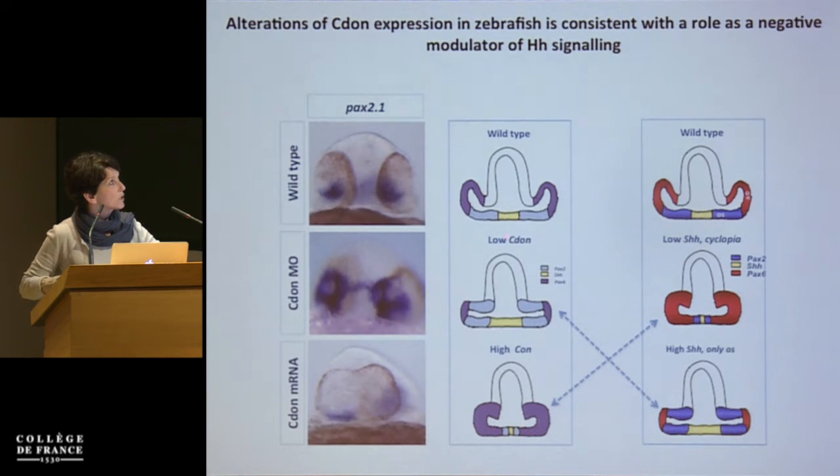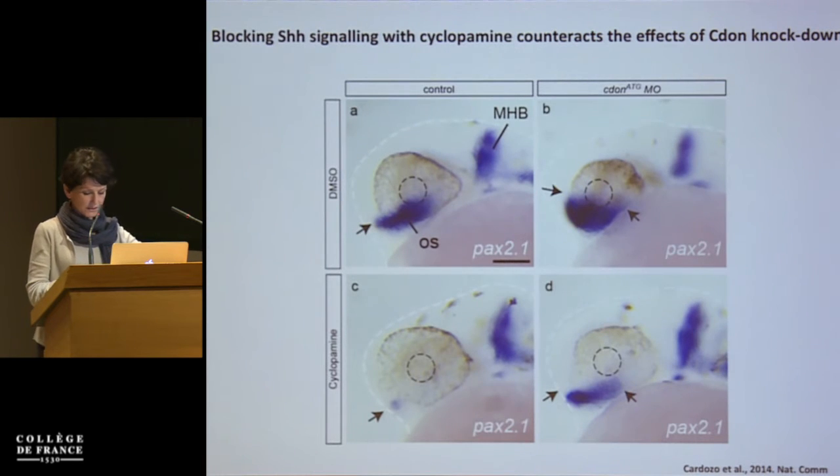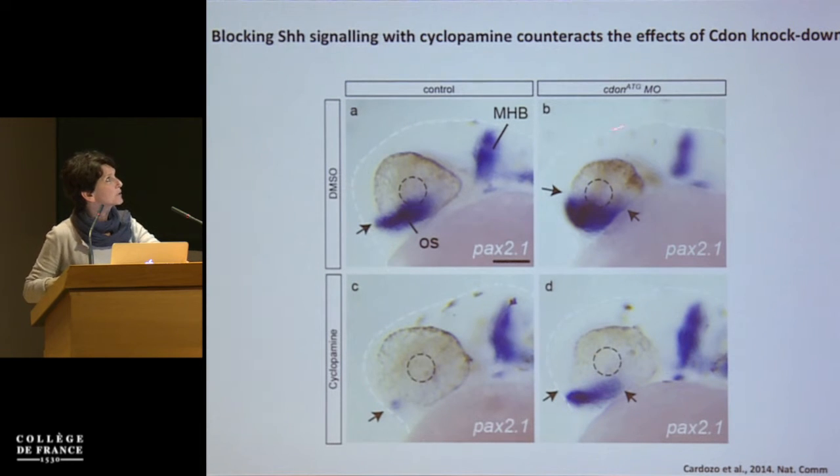This suggests that a low level of Kidon somehow lowers the activity of Sonic hedgehog. And indeed, supporting that this is the case, if you incubate embryos that have been treated with a Kidon morpholino with cyclopamine, which blocks Smoothened function, we observed a rescue of the effect that the Kidon morpholino has, expanding the optic stalk at the expense of the optic vesicles.